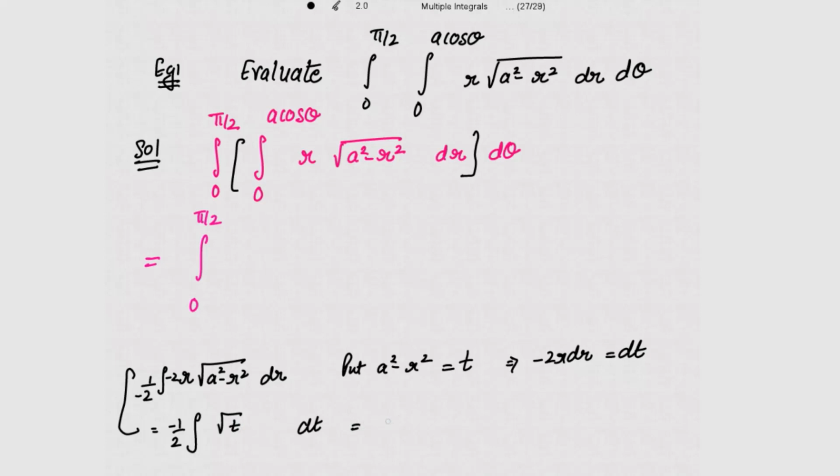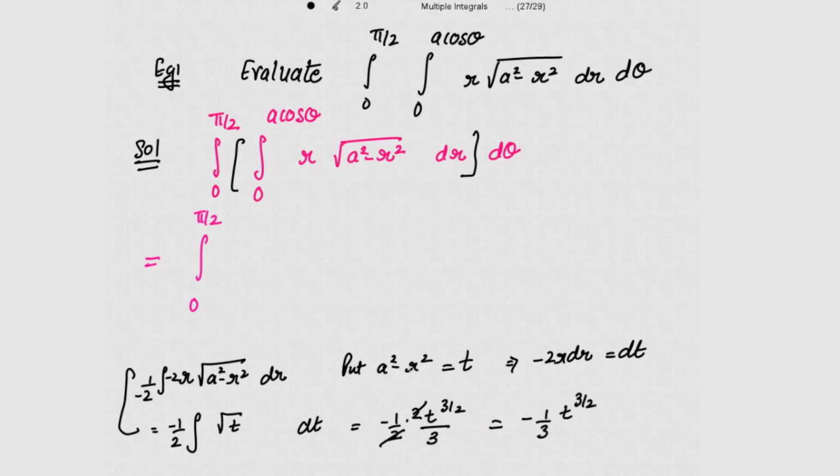This is equal to minus 1 by 2. What is the integration for t power 1 by 2? This is t power 3 by 2 over 3 by 2. Just cancel these two, I get minus 1 over 3 t power 3 by 2.